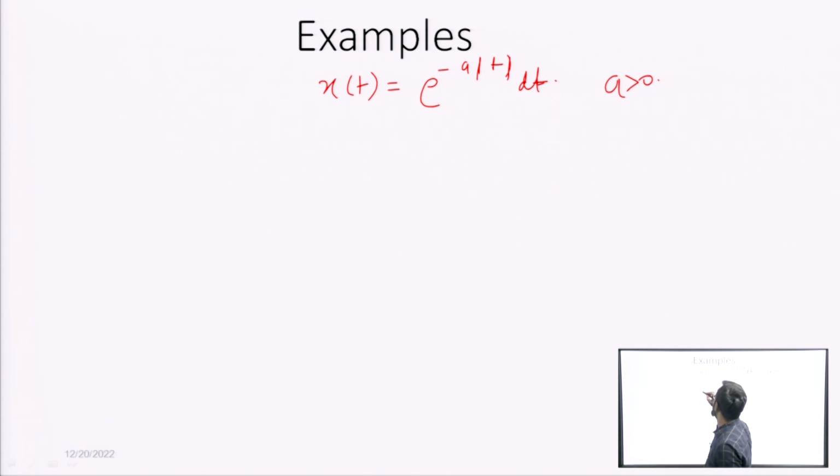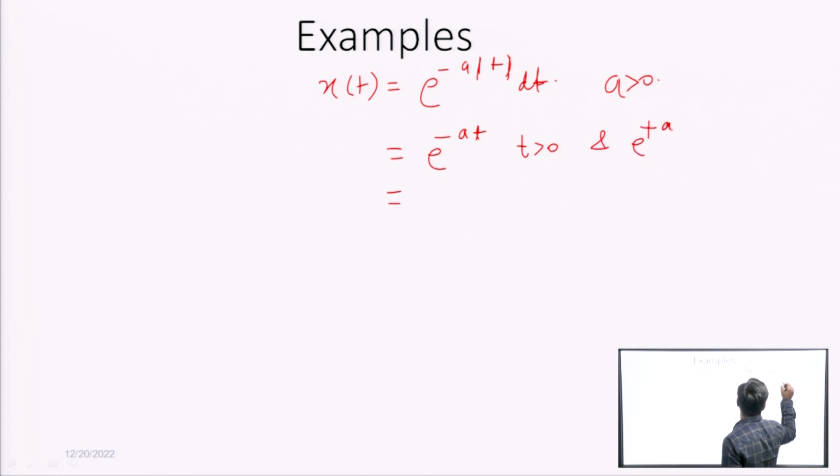See, as time is under modulus, we can expand this and write it like this: e to the power minus a t for t greater than 0, and e to the power plus a t for t less than 0.